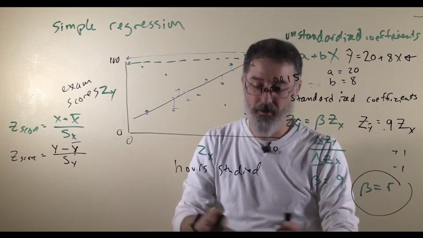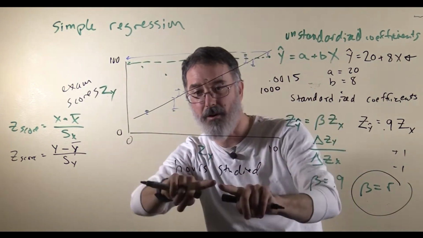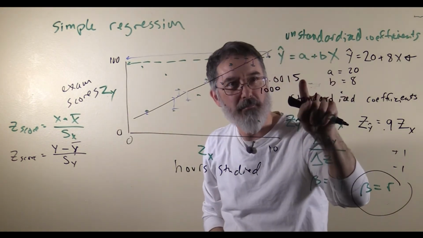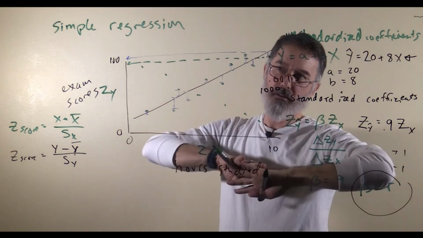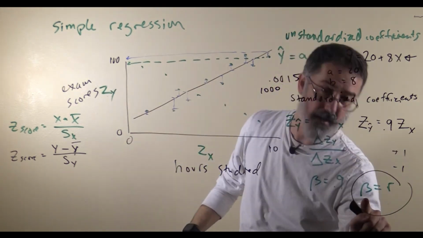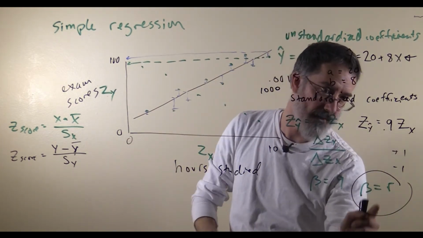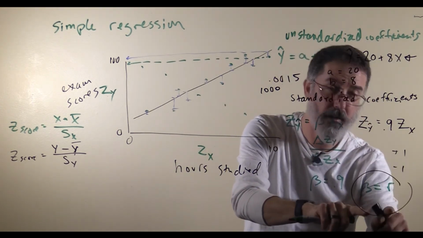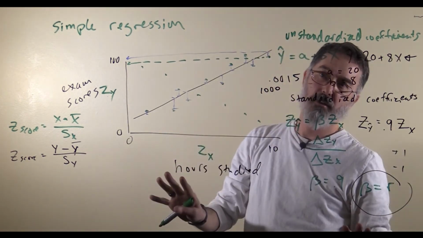That makes them hard to compare across 10 different variable pairs, right? Because sometimes a b could be a tiny number, sometimes a b could be a huge number. But for all of those 10 simple regressions, if you look at the beta, you'll be able to directly compare them. And whichever ones have the strongest absolute value, right, the closest to 1 or -1, those are the variables who have the strongest relationship.